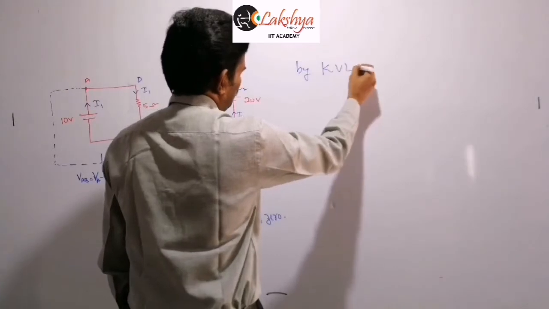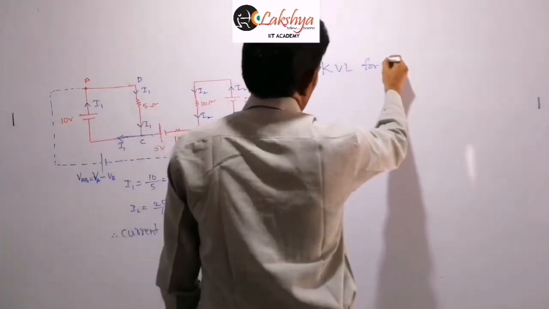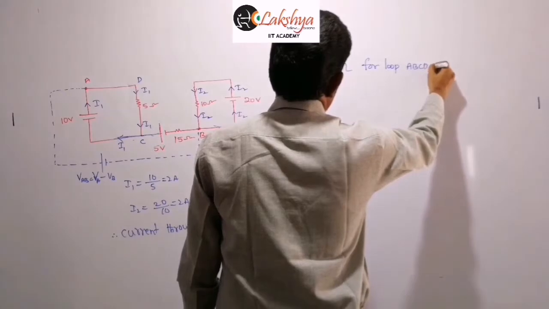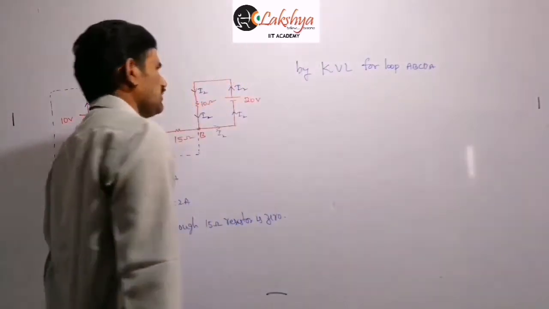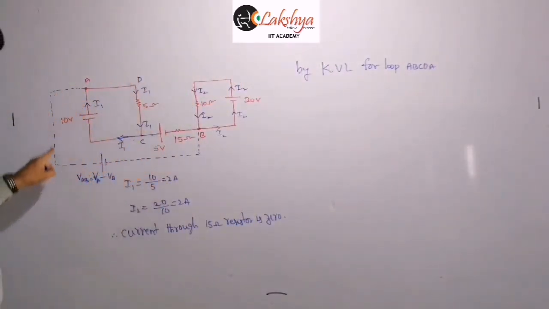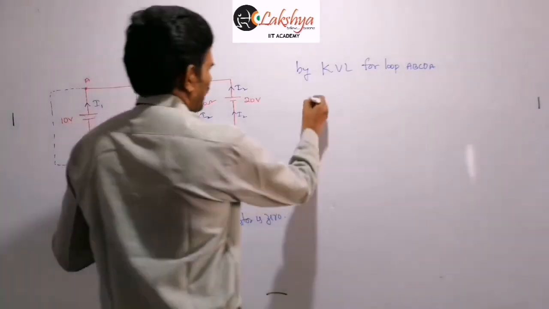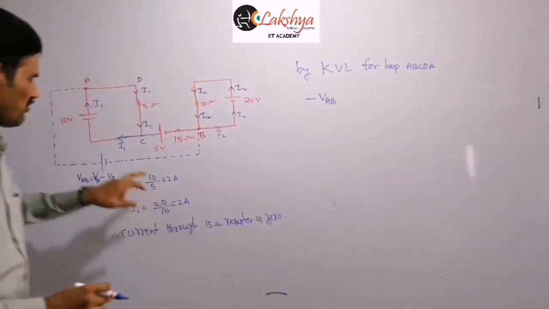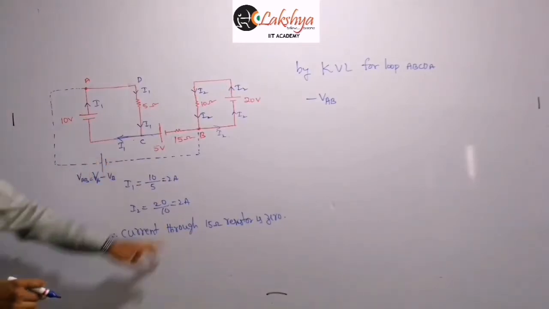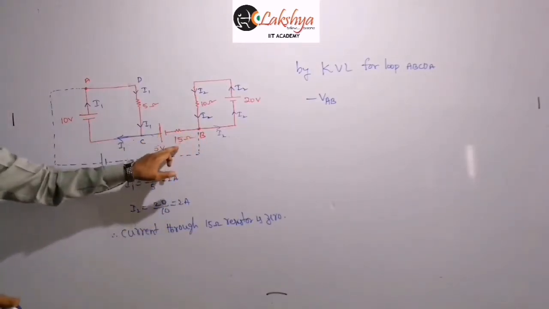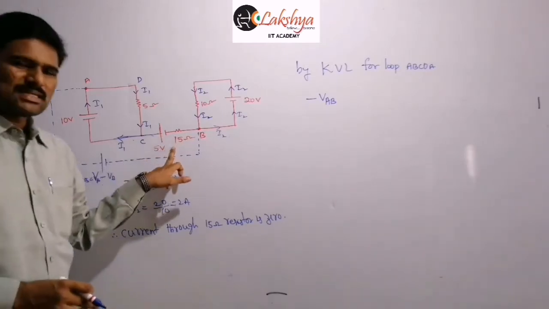By KVL for loop A, B, C, D, A. We are taking A, B, C, D, A, which means we are applying along the direction. So now starting from this, minus VAB, because we are traveling from positive terminal to negative terminal. Next we are reaching this point, where a resistance is there.